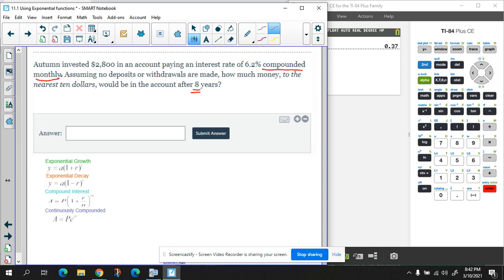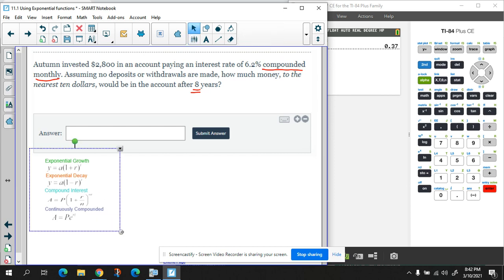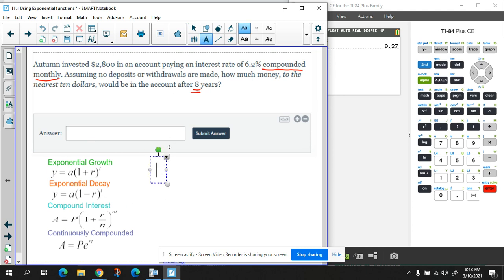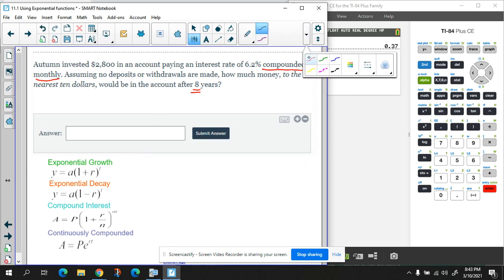So notice compounded monthly. When you go to pick out your formula, this is called compound interest, or the third formula down. So to find the amount after 8 years, we will start out by saying what is our principal or amount that we invested.